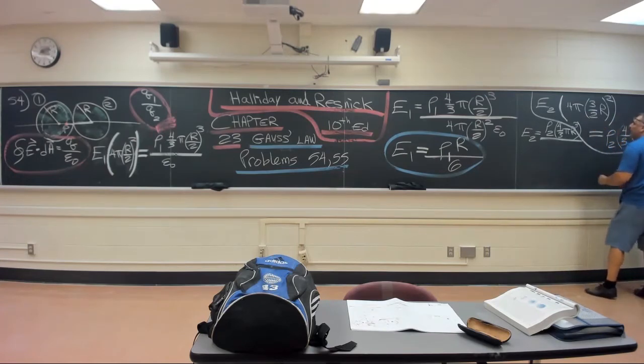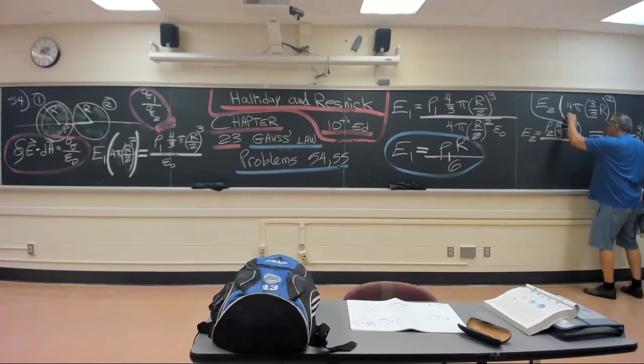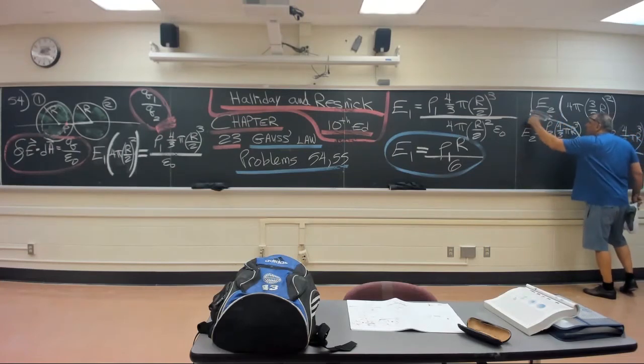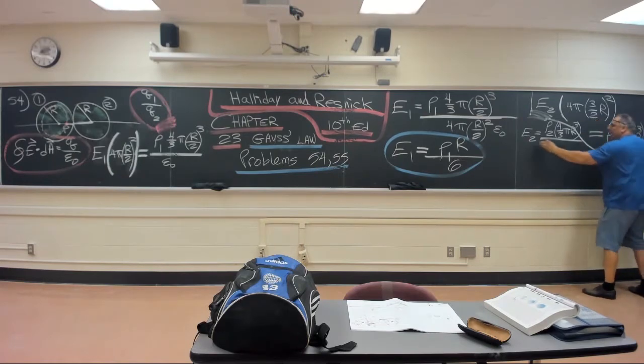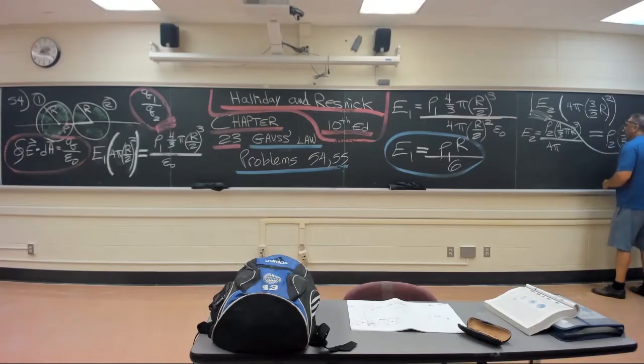If you just solve it, you're solving for E2. Divide by the area of the Gaussian surface under consideration on each side, and you're going to get this. And that becomes 4 pi, 3 over 2 squared is 9/4.